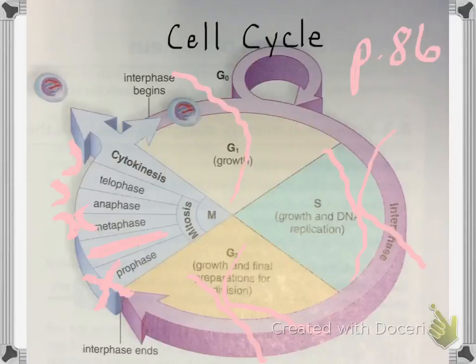Okay, now I'm going to star S. See my star? And I'm going to star anaphase. Why would I star those two things? Michaela said that's where the single becomes a double at S, and then the opposite happens at anaphase.